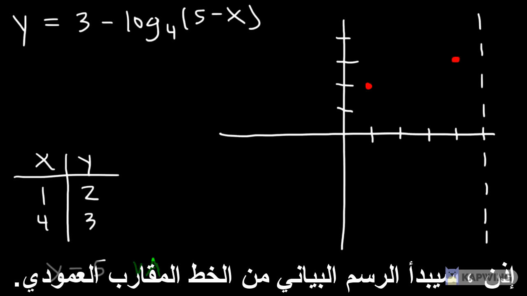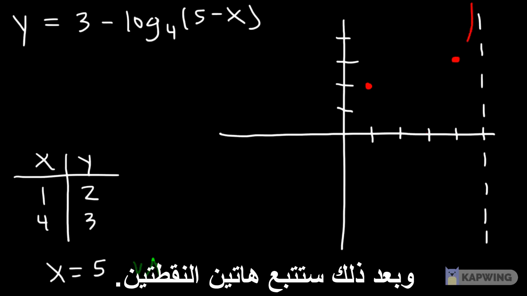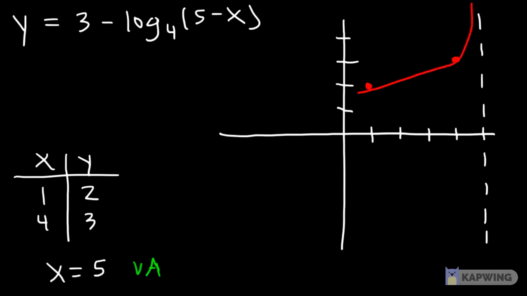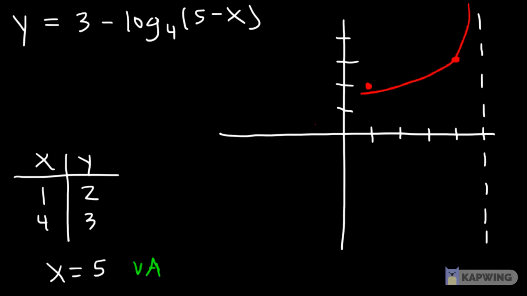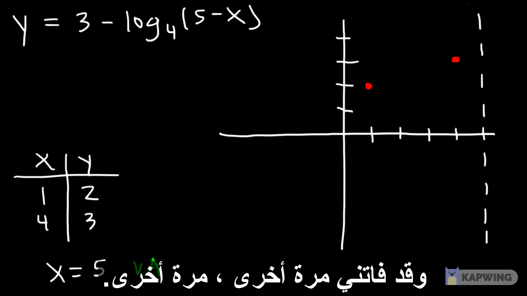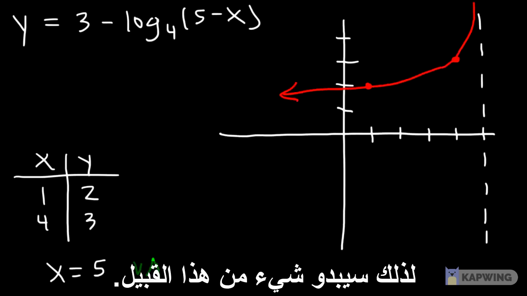So the graph is going to start from the vertical asymptote, and then it's going to follow these 2 points. Let's see if I can draw a better graph. And I missed it again. One more time. So it's going to look something like that.